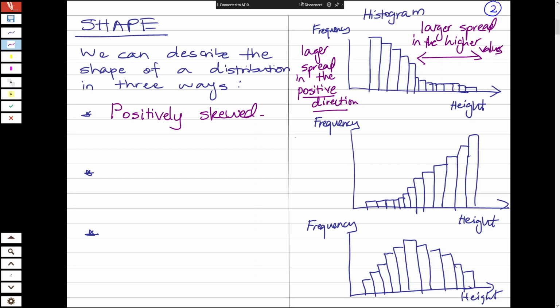Let's think about this in terms of height. So imagine I showed you another class, took their heights, and produced this histogram. How would this class be different from this class? Remember, we've got height along here, and taller people are towards the right.